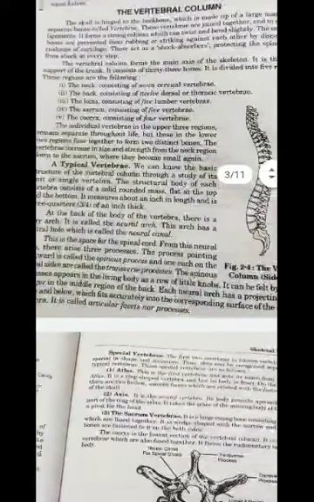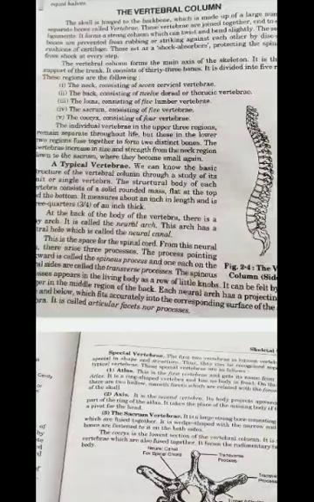This is a space for the spinal cord. From this neural arc there arise 3 processes. The process pointing backward is called the spinous process, and one on each of the lateral sides is called the transverse process.